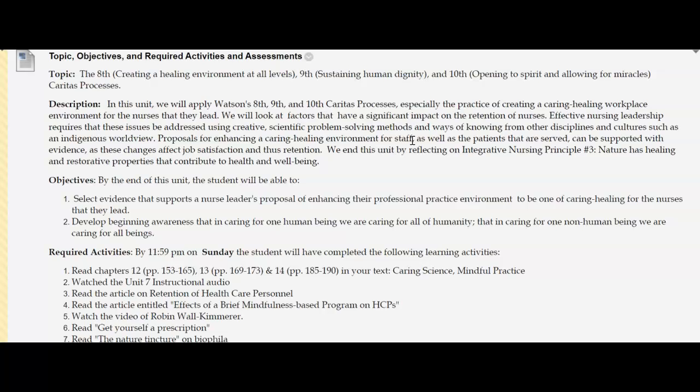We're going to look at factors that have a significant impact on the retention of nurses. And we know that to be an effective leader, this requires us to address issues using creative as well as scientific problem-solving methods and ways of knowing and learning from other disciplines and cultures as well.